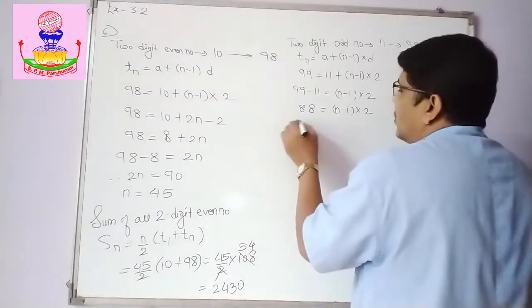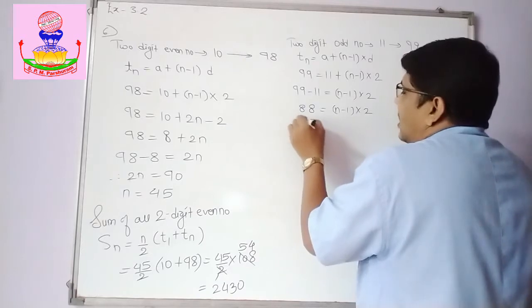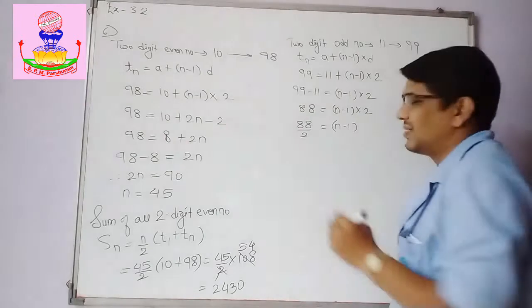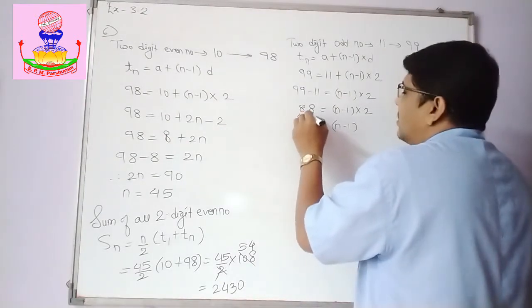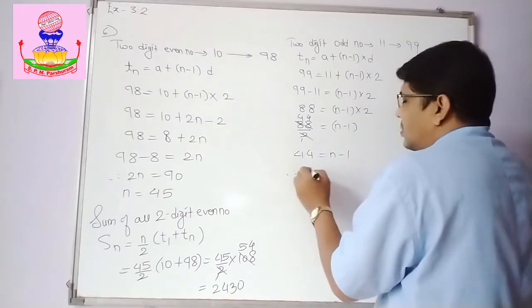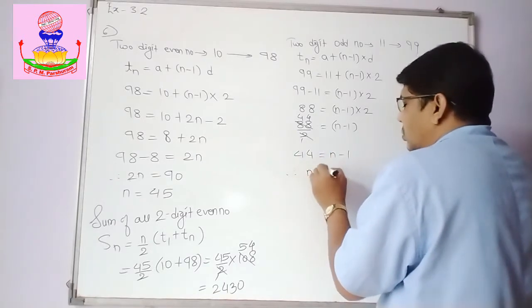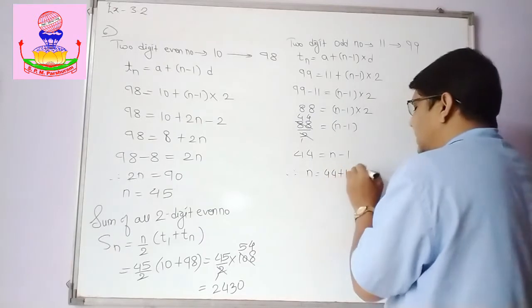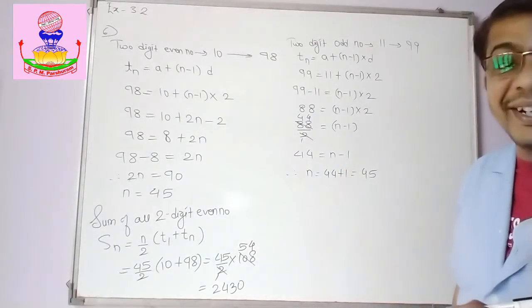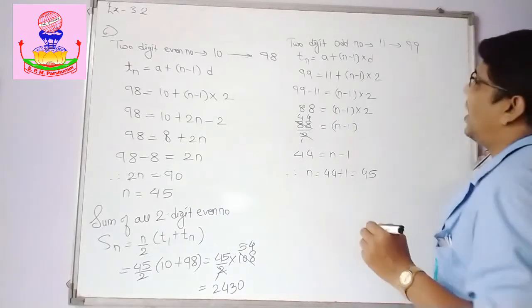Divide both sides by 2. So 88 upon 2 is equal to n minus 1. So 44 is equal to n minus 1. So n is equal to 44 plus 1, that is 45. So again the number of terms is the same, 45. Okay.